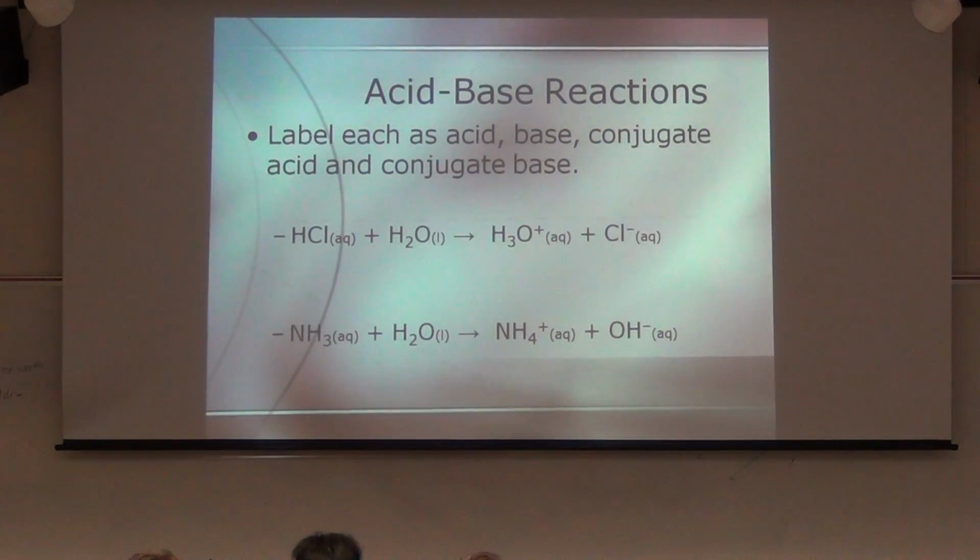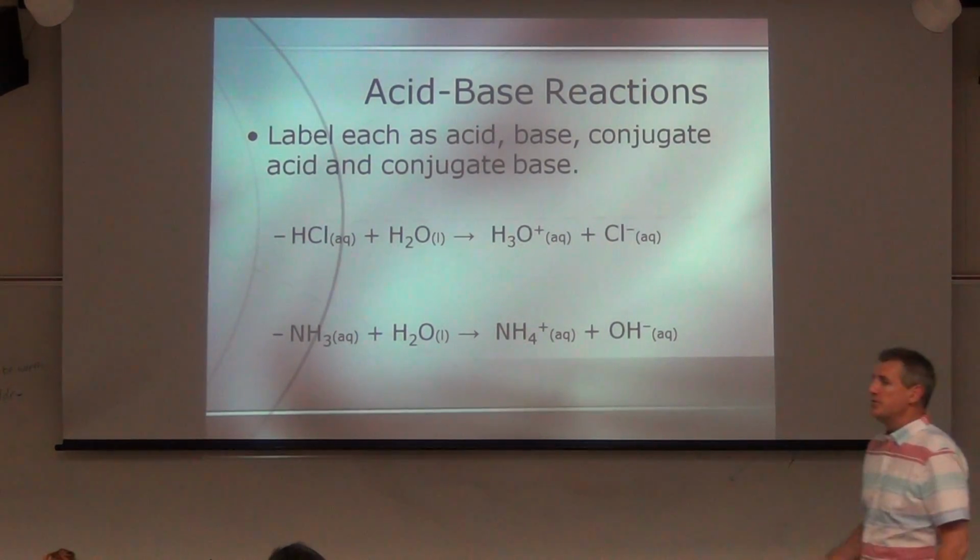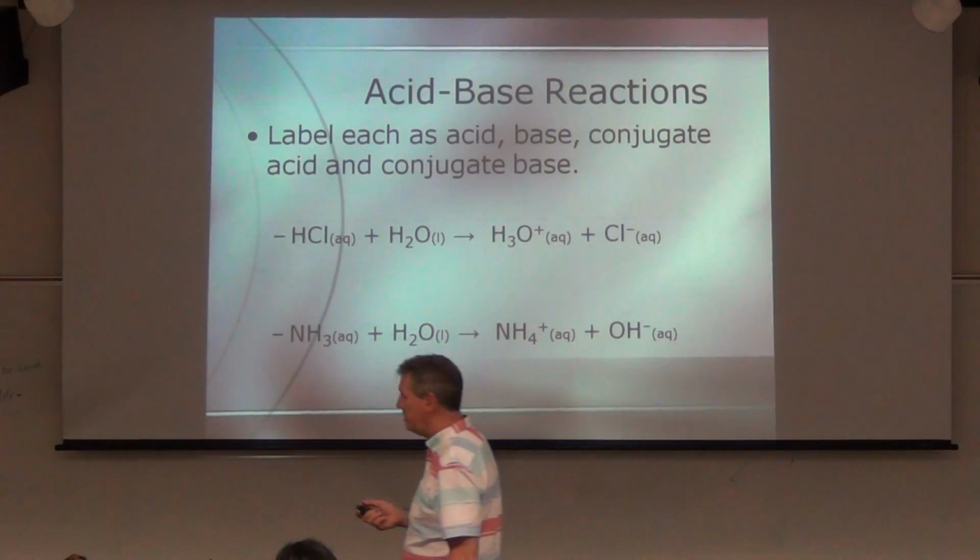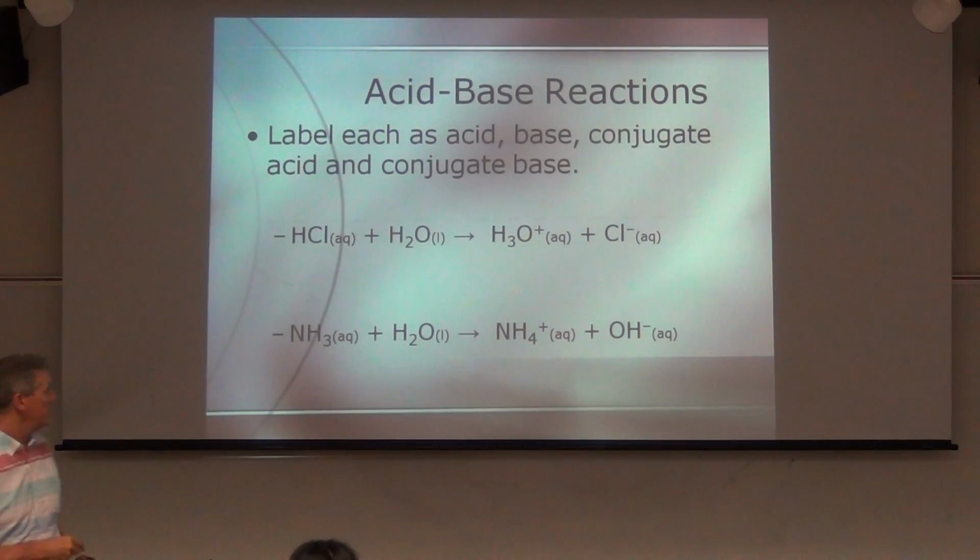And here they are. So we want to label each of these as either acid, base, conjugate acid, or conjugate base. If we look at our chemical equation, we've got HCl plus H2O. Both of those have hydrogen. We're looking for which of these gives up the hydrogen. If we compare what our reactants look like to what our products look like, we've got HCl as one of our reactants.